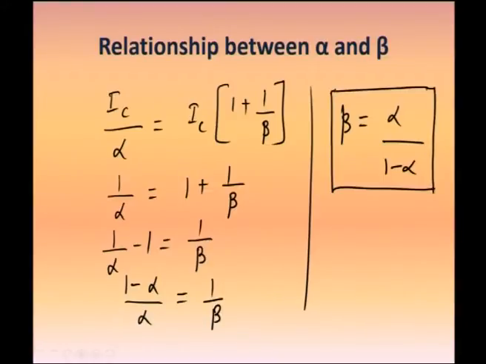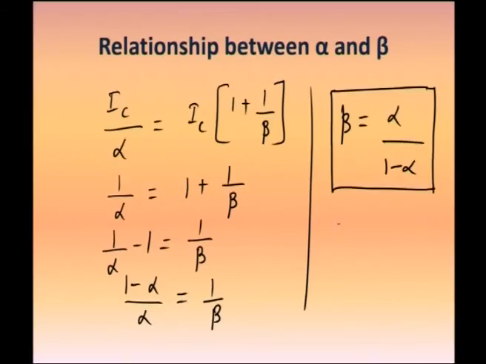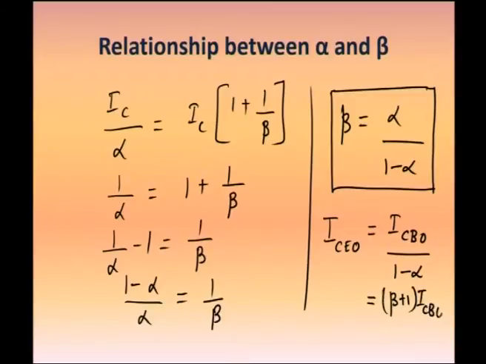Previously, we derived alpha in terms of beta. And one more equation we have studied in the previous sessions, that ICEO is equal to ICBO by 1 minus alpha. This can be written as beta plus 1 into ICBO. For that, you have to replace this 1 by 1 minus alpha as beta plus 1.